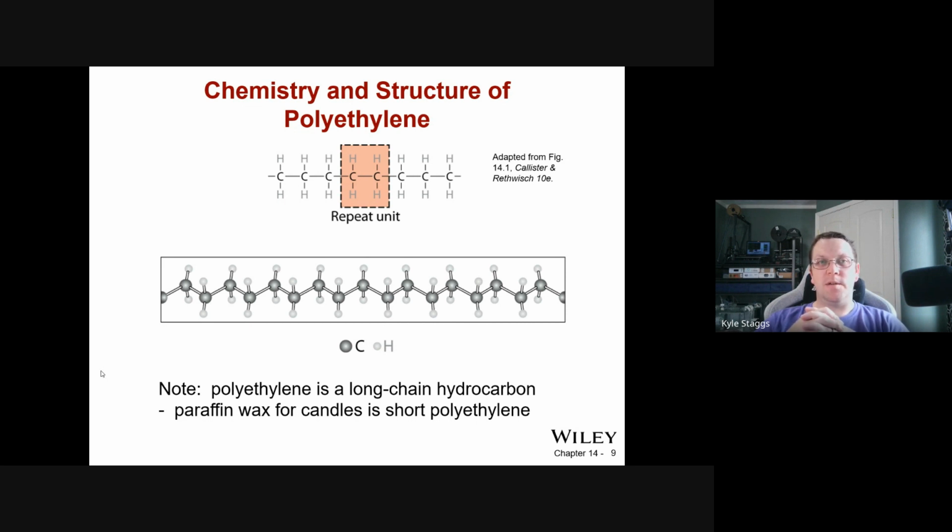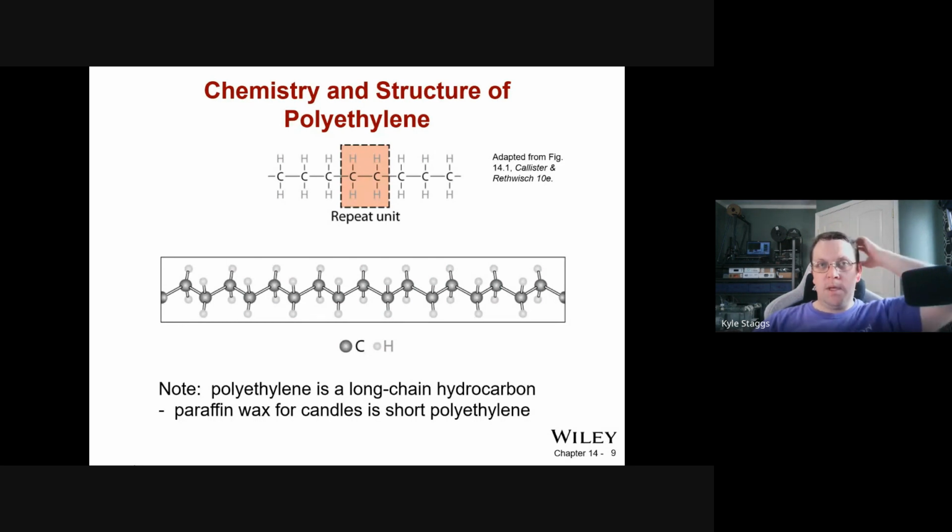So the difference here, for instance, between a long polyethylene and a paraffin wax is the length of the chains, basically. So waxes are within a range of carbon lengths. They're typically going to be under about maybe 20 carbon length, often much, much shorter than that, probably closer to 12 in many cases.